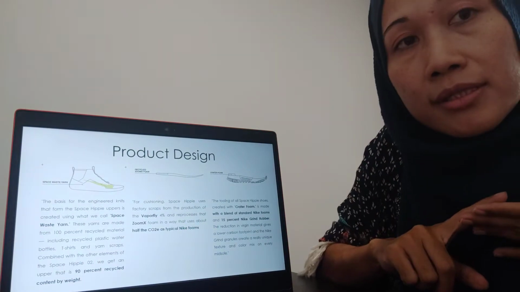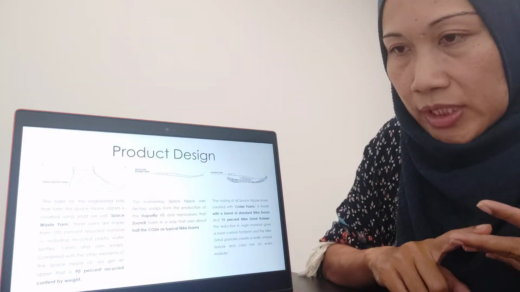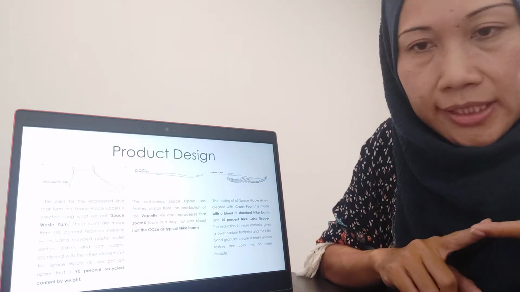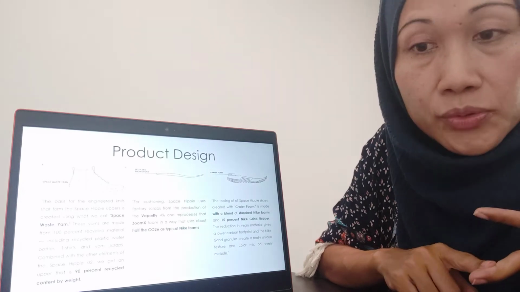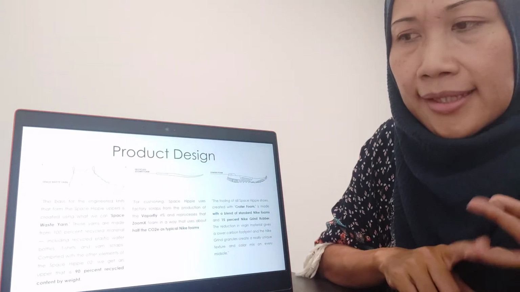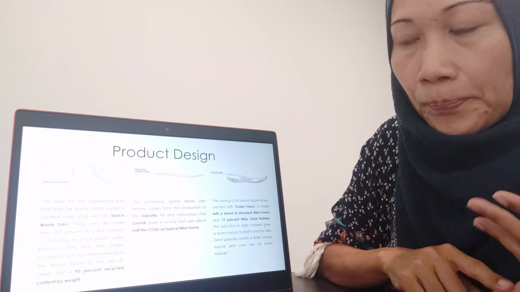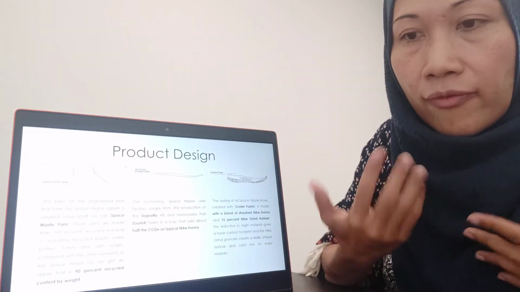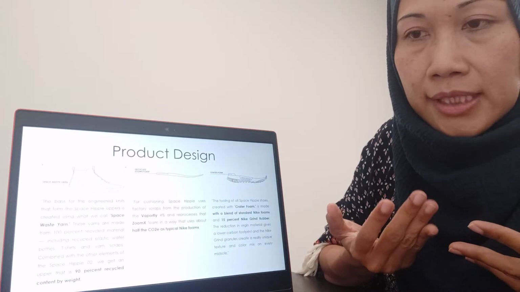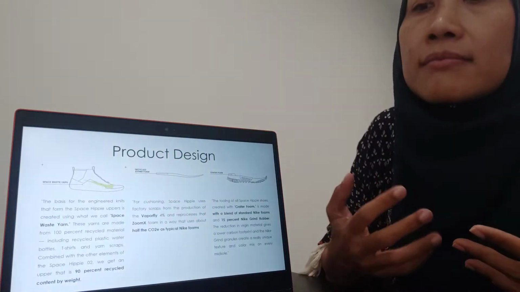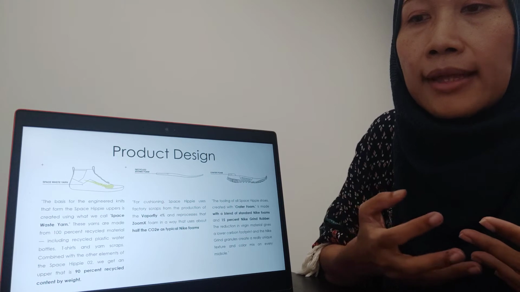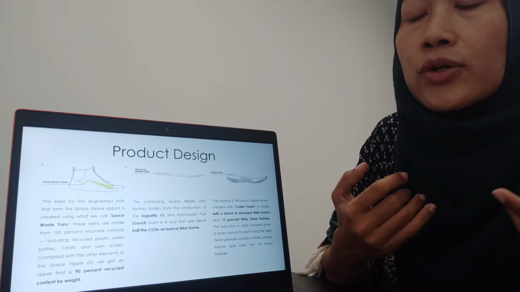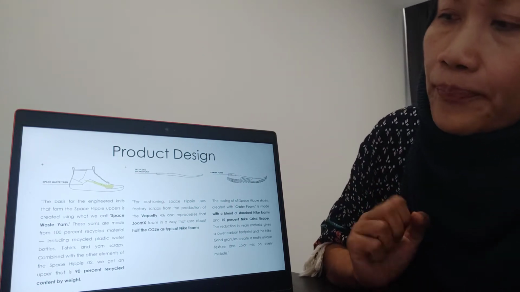There are 4 models under the Space Hippie shoes: Space Hippie 1, Space Hippie 2, Space Hippie 3, and Space Hippie 4. Basically, Space Hippie 1 is meant for men, 2 is meant more for women, and the third one is for leisurewear.